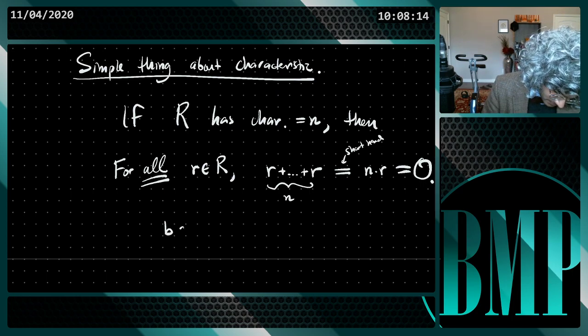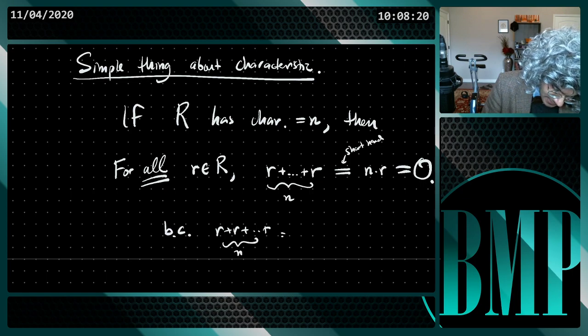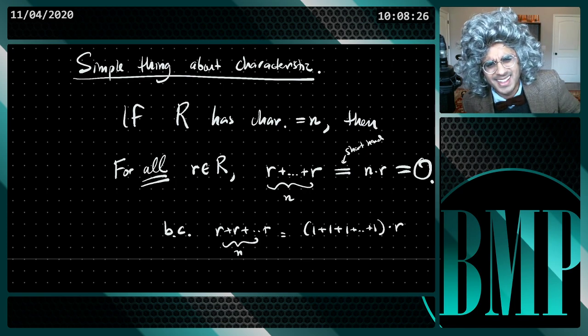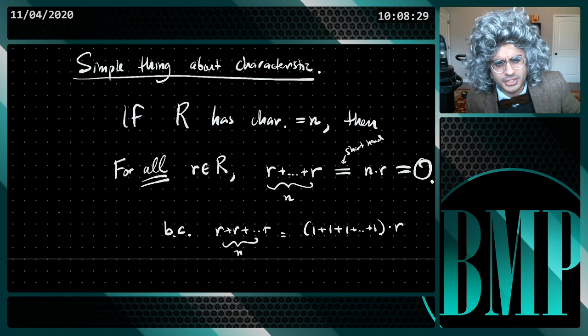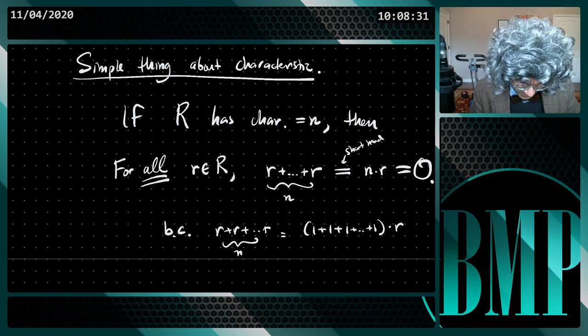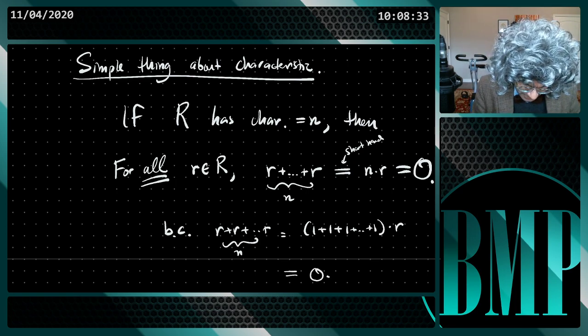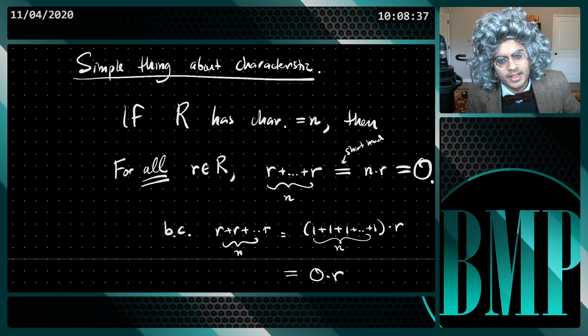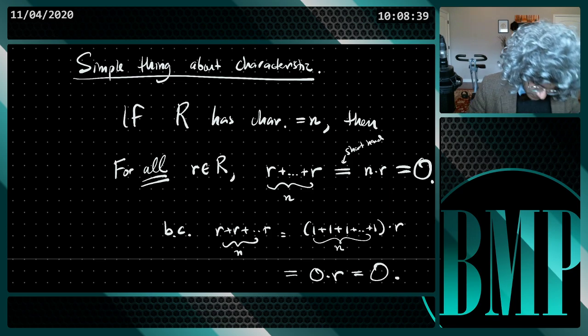Because r plus r plus r is actually just this multiplication. Use your distributive law. And this is 0 times r. Okay?